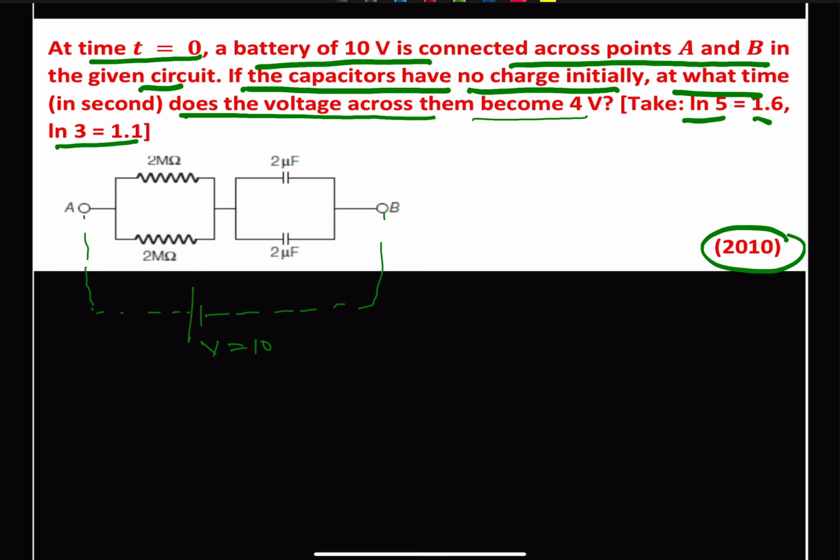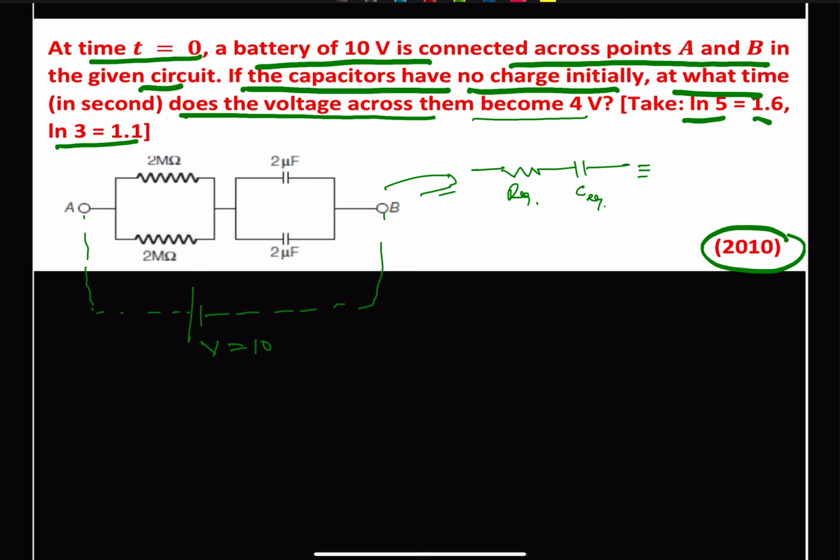So we are going to find out at what time the voltage across this capacitor will be equal to 4 volt. This is nothing but an indirect representation of a series combination of resistor and capacitor. Here the resistor we can write as R equivalent and the capacitor as C equivalent. So this is basically the equivalent of this circuit.